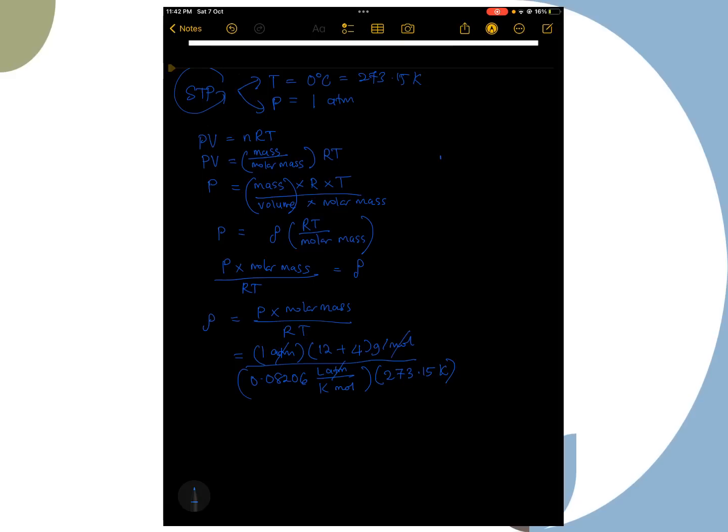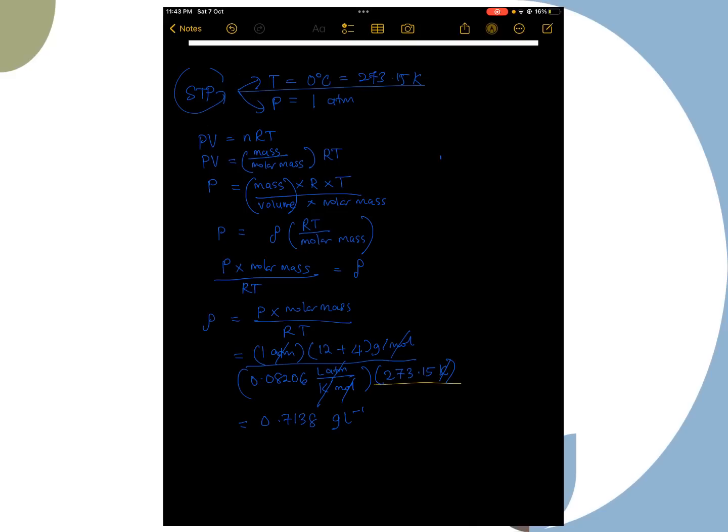We have mole here, and then K with K. So we have the final answer. When you press your calculator, you will get 0.7138 grams per liter.